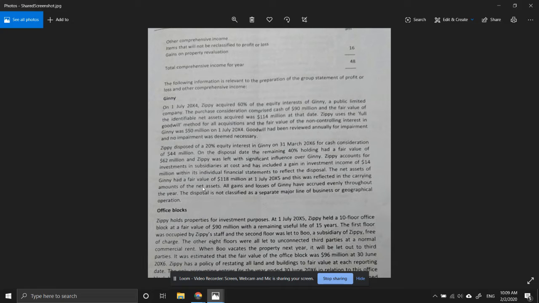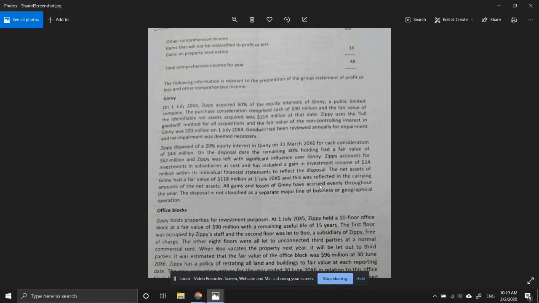The net assets of Genie had a fair value of 118 million at 1st July. Okay, don't get confused by that. We need to add profit as well in this particular figure, because that's the profit until the previous year. So this was reflected in the carrying amount of the net assets.